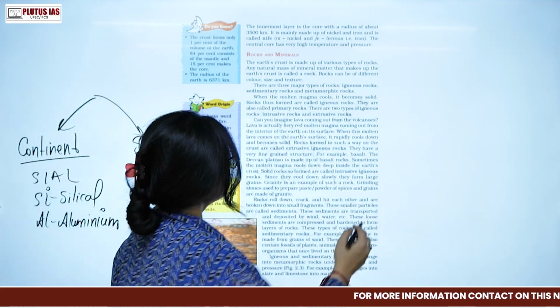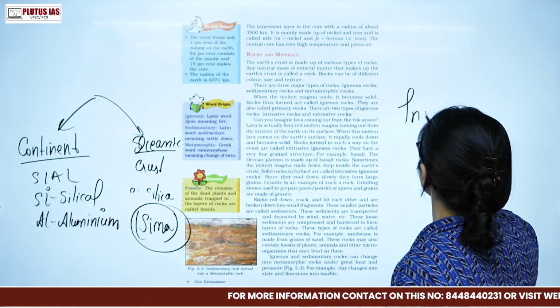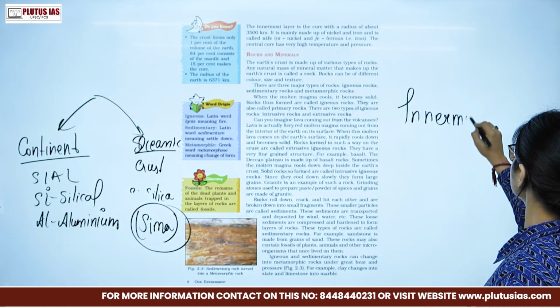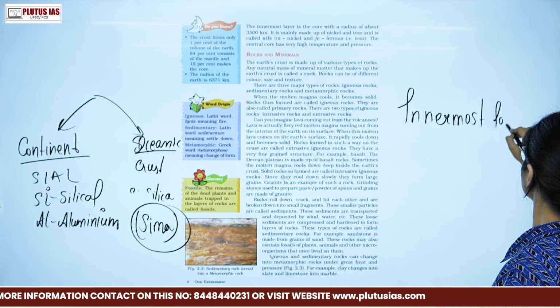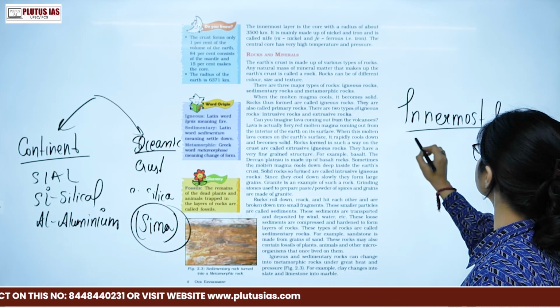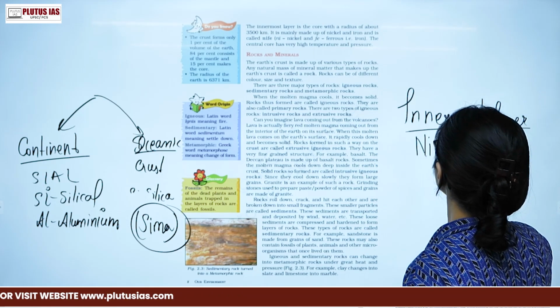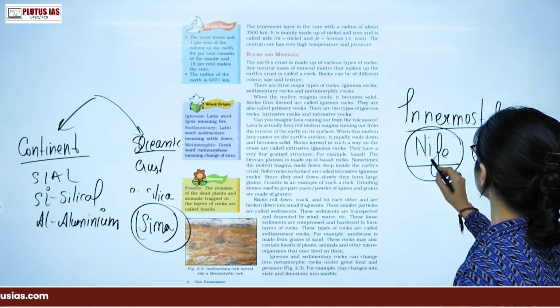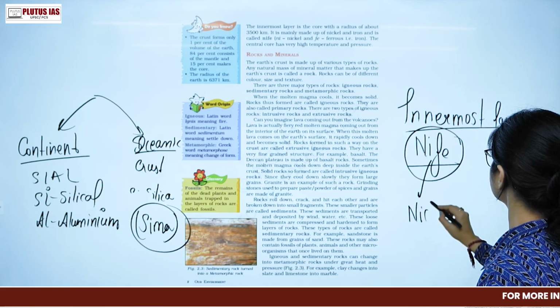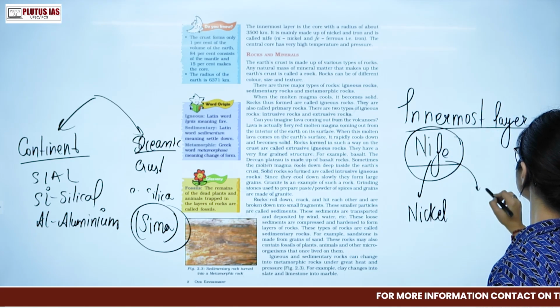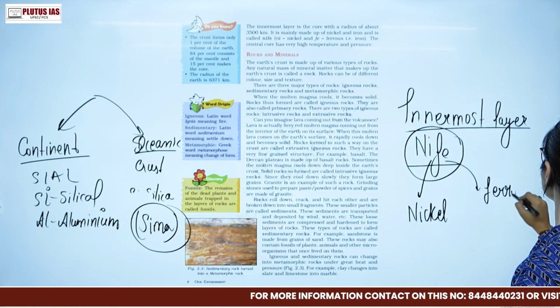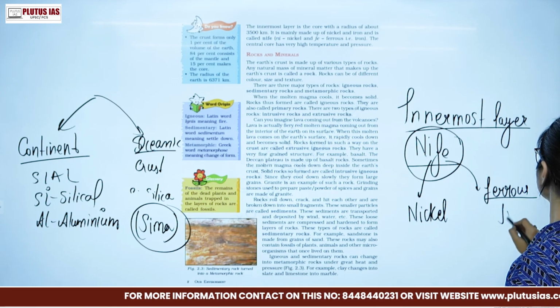Another one, which is the innermost layer, is your core. This layer is made up of nife, which is nickel and ferrous, and ferrous means iron. So this is how you have to remember this.